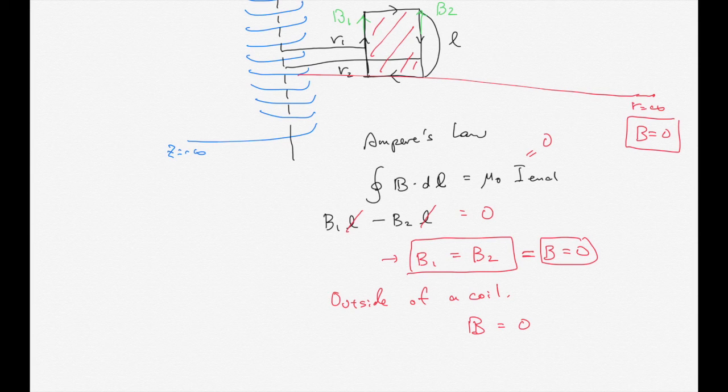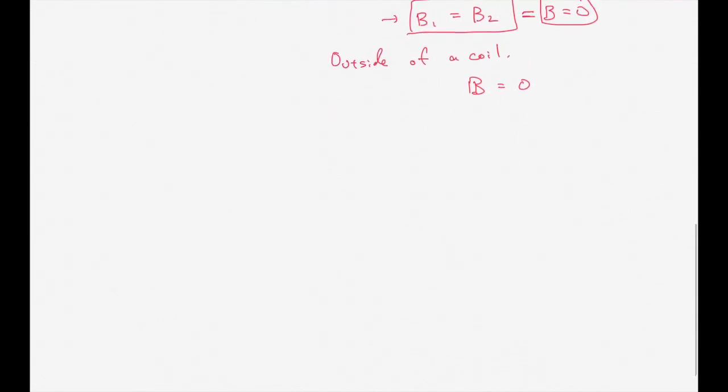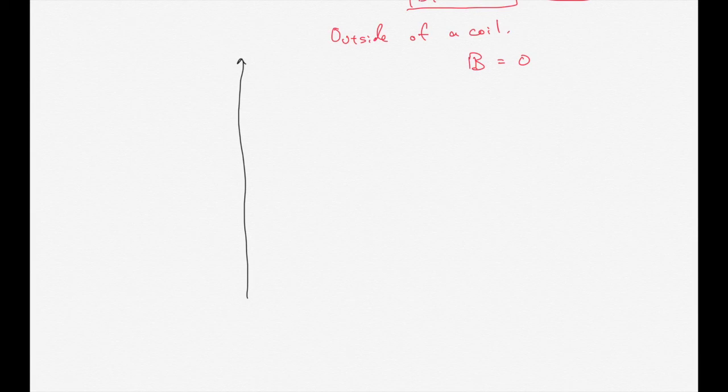Then we'd like to find the magnetic field inside of the coil. Again, we draw the coil. This is the z-axis. To derive it, we write down the current. In this region the current is flowing through the board, but on this side the current is directed toward us.